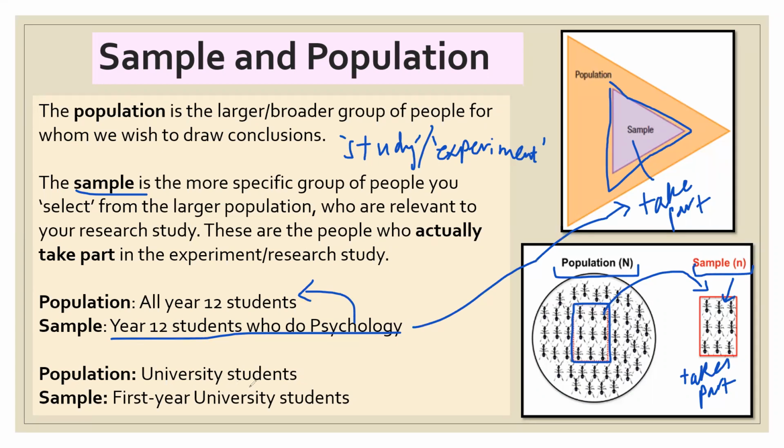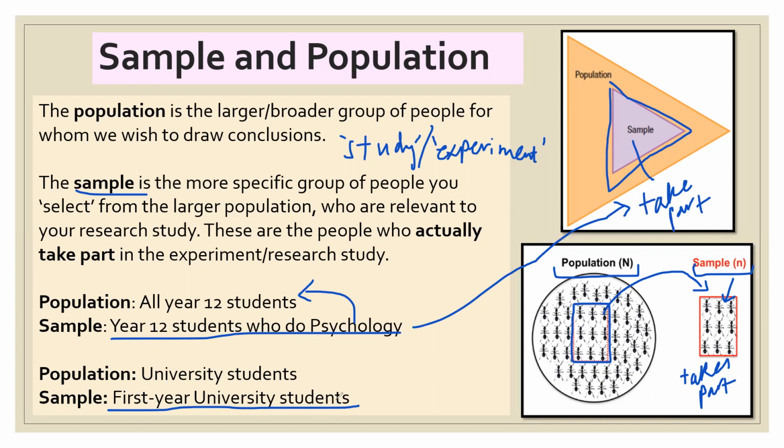Same thing with university students. If I want to do a study looking at the effect of class attendance on academic performance, so how often you attend your lectures and the effect that has on your assessment marks or scores. If I'm doing a study like that, I would maybe be recruiting first-year university students.